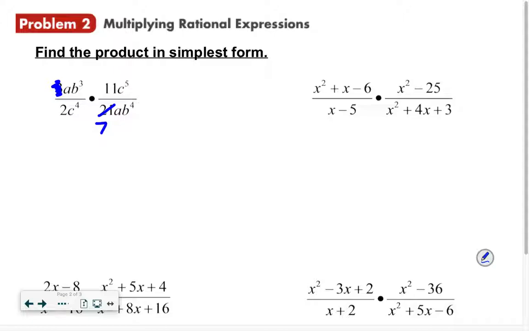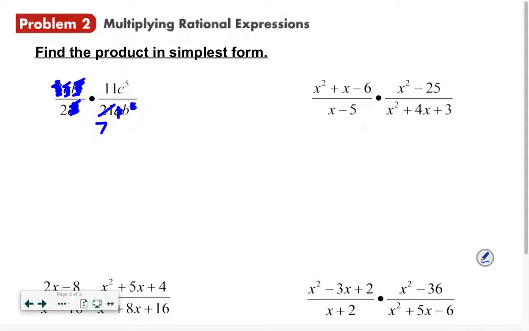My A's cancel. Yeah, I have an A on top, A on bottom. One B where? On the bottom, yeah. All 3 are gone up top, and this one just becomes 1B. C's, I have 1 on top.